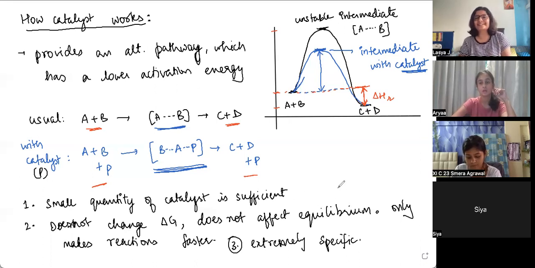Okay, phrasing again. Does not take part in the reaction means that overall, net, it is getting regenerated, but it is taking part in the reaction in a way that it's forming this alternate intermediate, and it is the intermediate that will decide what products are going to be formed.